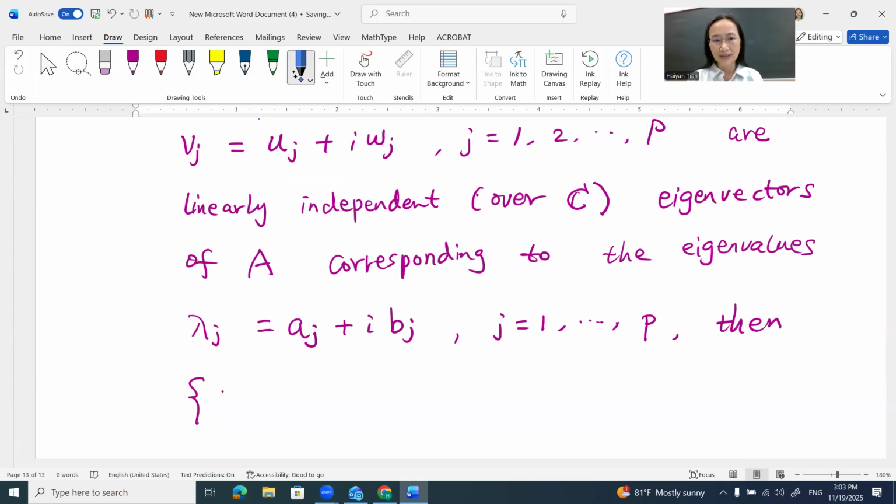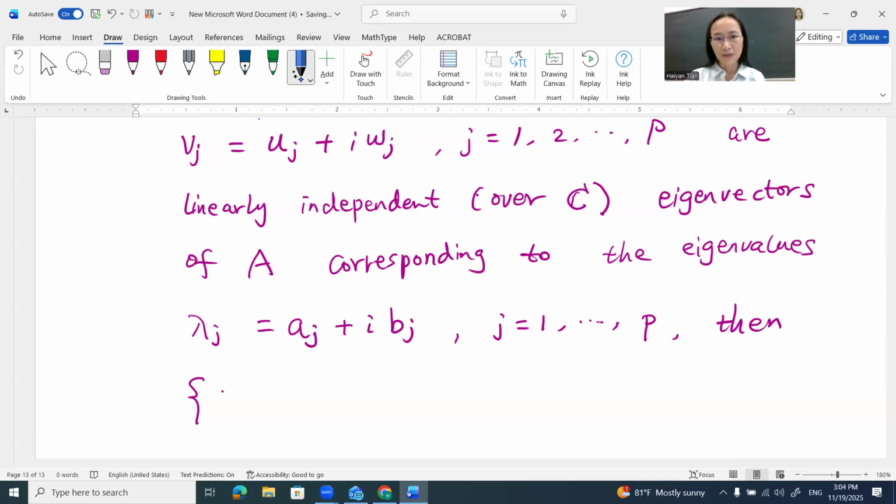Although you only see listed these p eigenvalues, j from 1 to p, each lambda j is an eigenvalue, but there are additional eigenvalues. The conjugates of those eigenvalues are also eigenvalues of the matrix. So just remember, for this matrix, we have 2p eigenvalues.